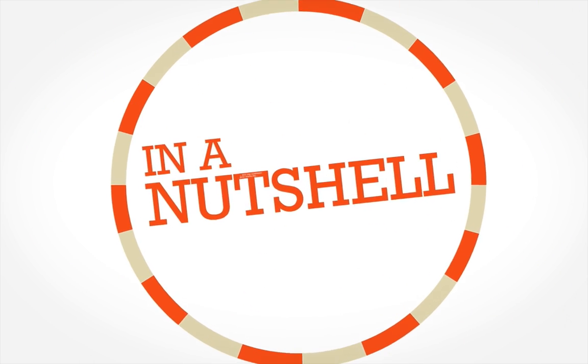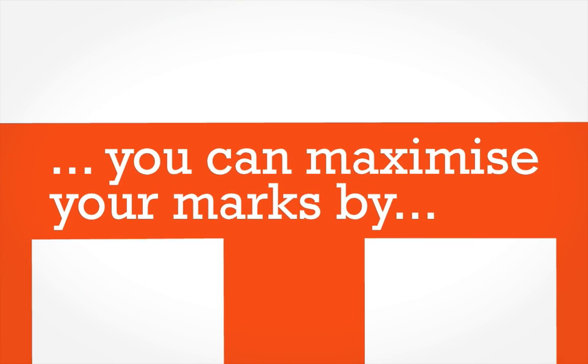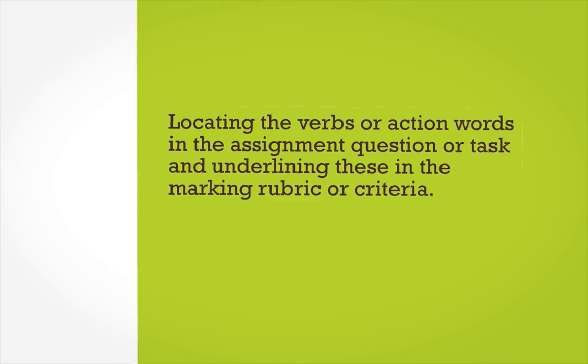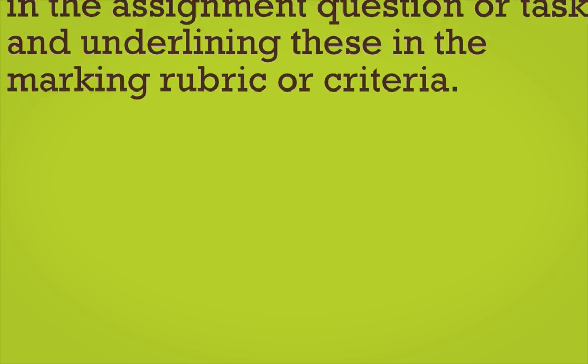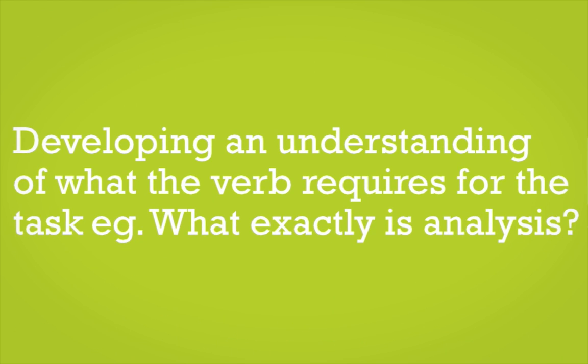In a nutshell, maximise your marks by locating the verbs or action words in the assignment question or task and underlining these in the marking rubric or criteria. Developing a good understanding of what the verb requires for the task. Example, what exactly is analysis?